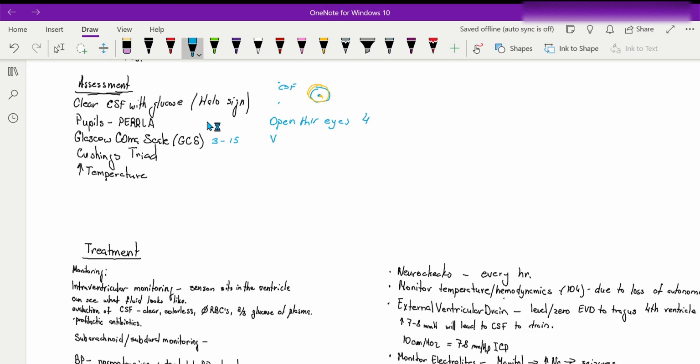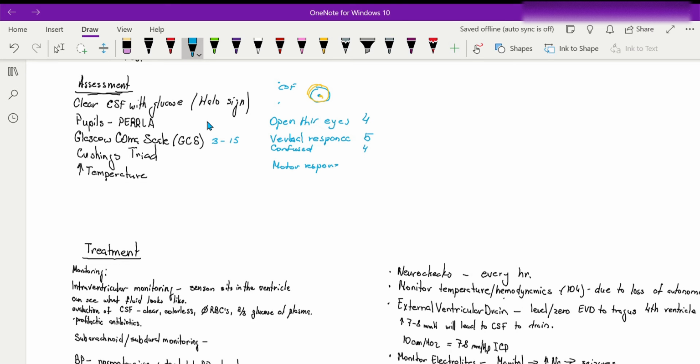Verbal. If they're able to tell you everything that's happening, good verbal response, that would give you 5. It's the oriented. If they're confused, it will give you 4. And then motor responses.